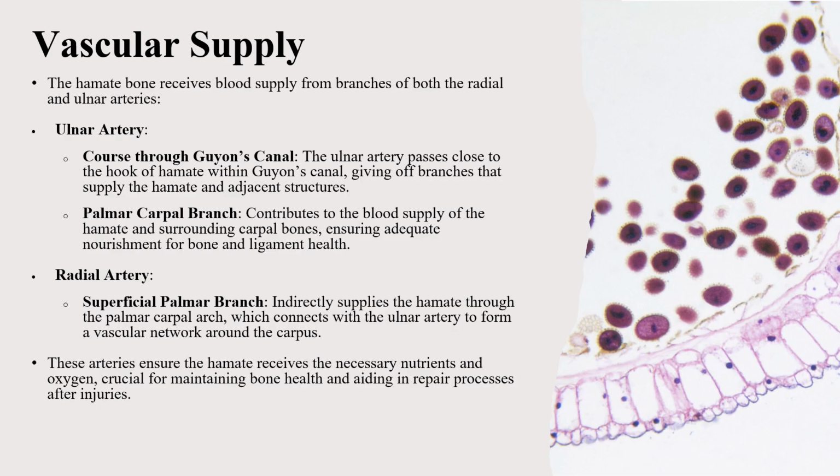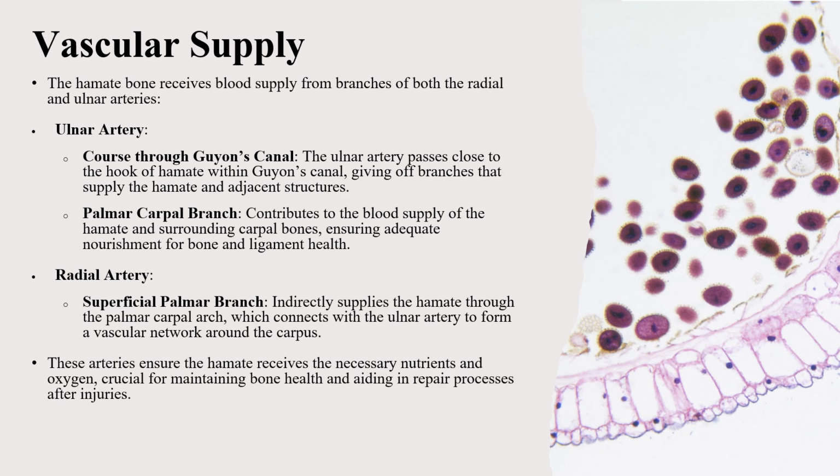When we talk about the vascular supply of the hamate bone, it receives blood supply from branches of both the radial and ulnar arteries. The ulnar artery passes close to the hook of the hamate within Guyon's canal, giving off branches that supply the hamate and adjacent structures.